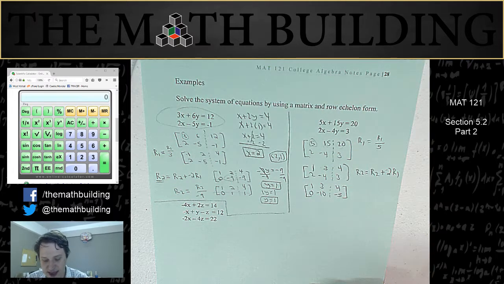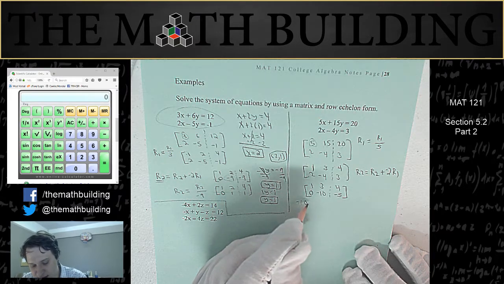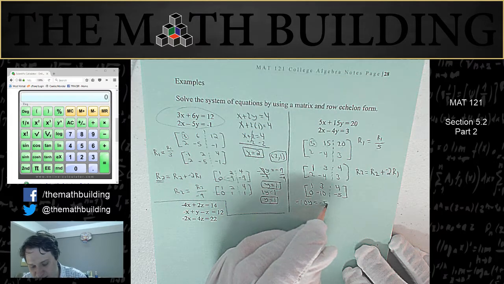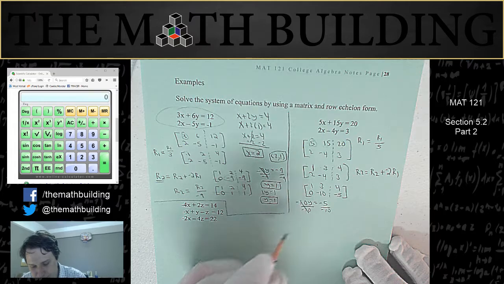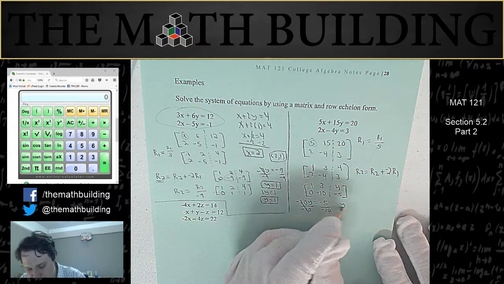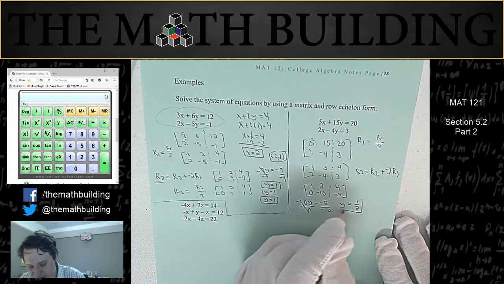And now that we've done that, we're actually just ready to go straight to finding out what y is. We don't have an x, but I do have negative 10y equals negative 5. Divide both sides by negative 10. Y equals negative 5 over negative 10, which is positive a half.